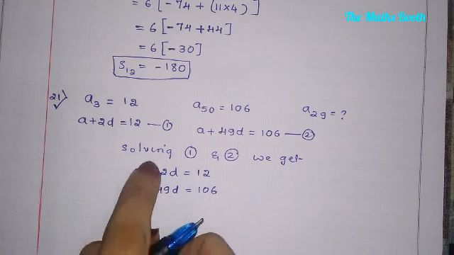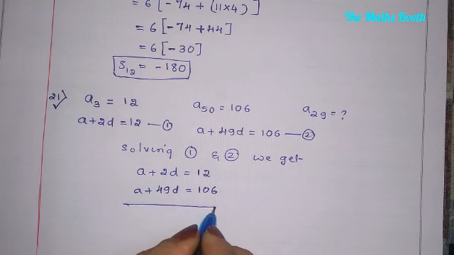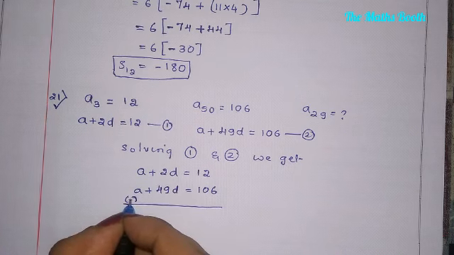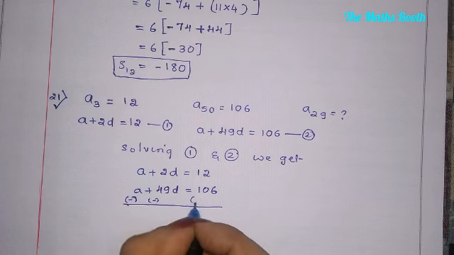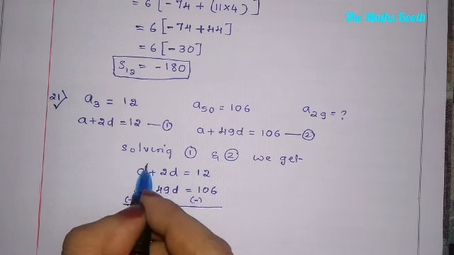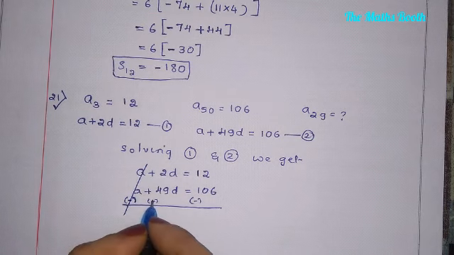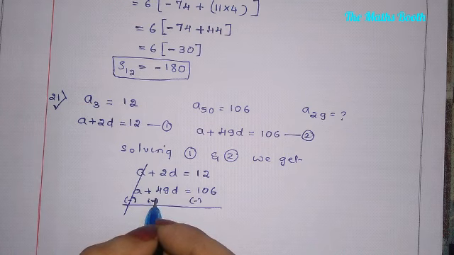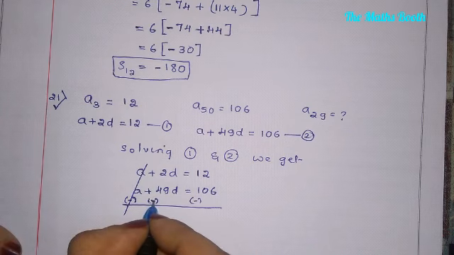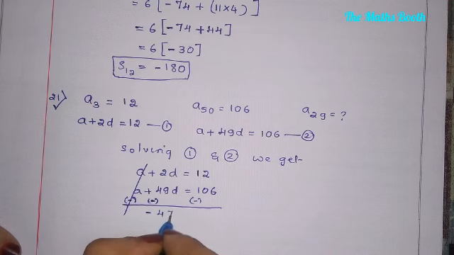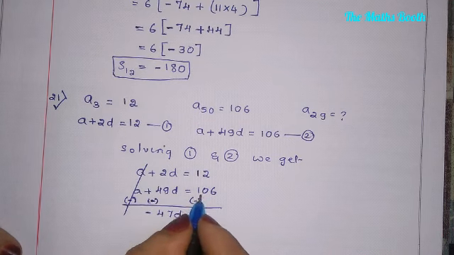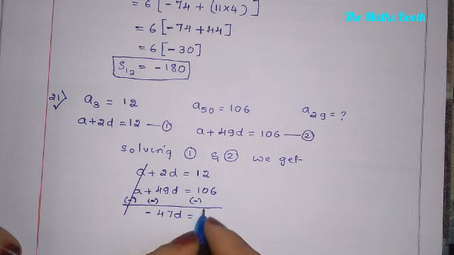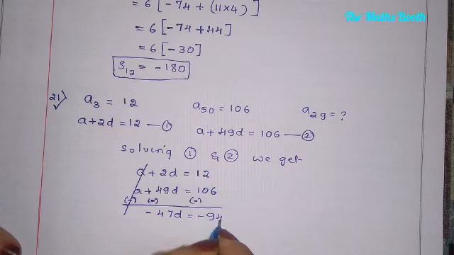We can see here a is the same, but both a have a positive sign. So to eliminate this a, we need to change the sign: plus becomes minus and plus becomes minus. Now a gets cancelled. Now minus 49 plus 2, minus we have to do. 49 minus 2 is 47, the greater sign is minus, so minus 47d. 106 minus 12 is 94, so with the negative sign, minus 94.